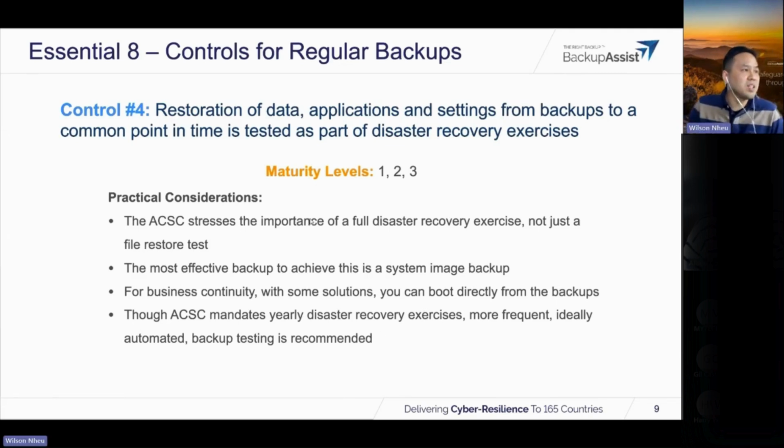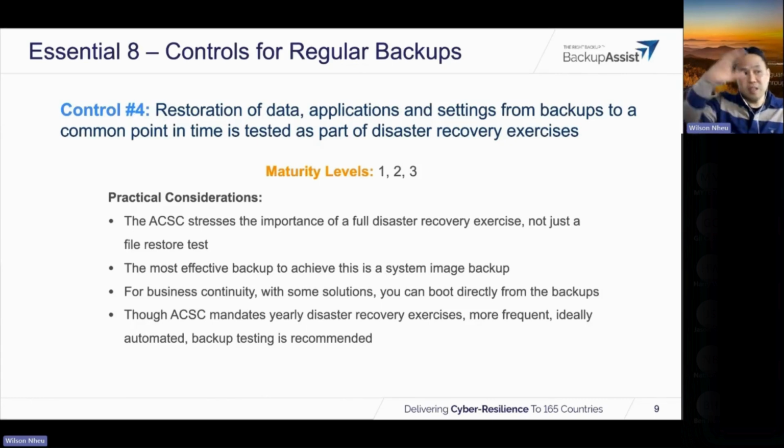So in terms of control number 4, it is about making sure that you've tested your backup as part of a disaster recovery exercise. The ACSC stresses the importance of a full disaster recovery exercise, not just testing a file restore process.